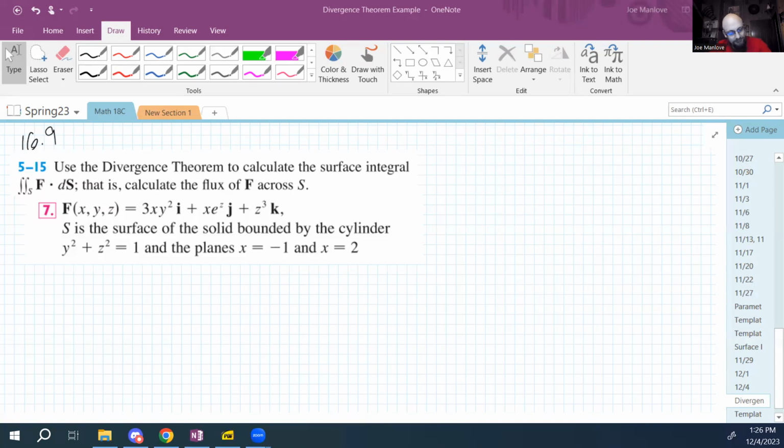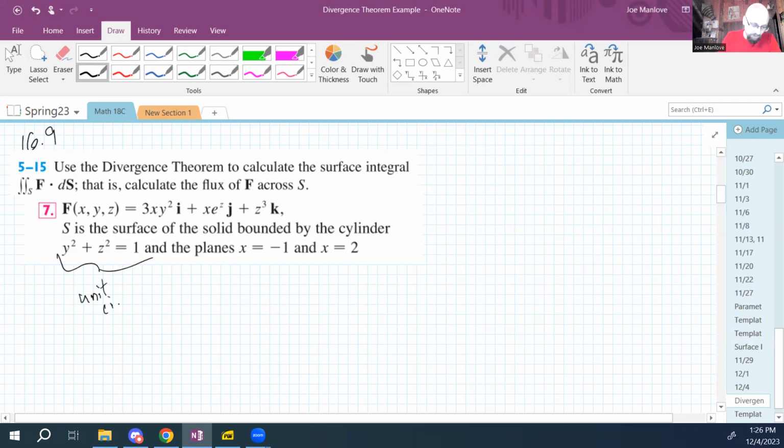All right, and then S is the surface of the solid bounded by a cylinder. So I think I probably need to draw a picture of what this looks like. Let's see. So that is a circular cylinder because to me, this thing here says unit circle. It's in the YZ plane.